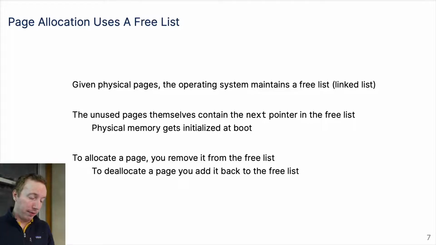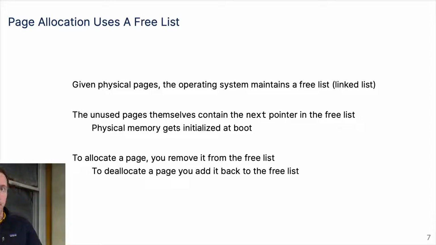All the unused pages themselves just contain a pointer to the next free page. As part of the initialization process at boot, your kernel goes through every page and writes pointers to the next free one. Because it's free, you can use it for whatever you want.